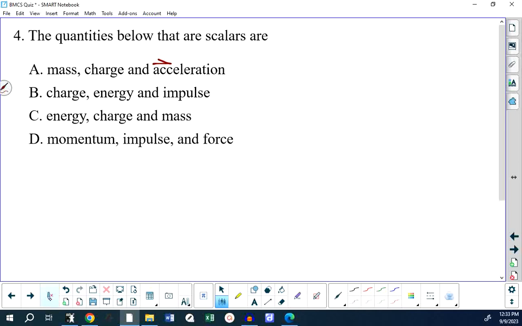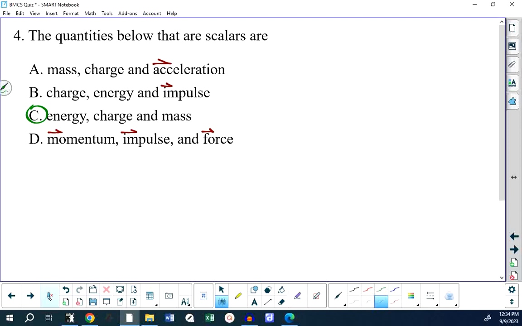From this course, man, I've harped on it enough that momentum and impulse are vectors, and you should know force is a vector anyway. And impulse is a vector here. The only thing that we're left with that is a list of scalars is choice C. And I don't really know how else to explain this other than to say you need to know that scalars have no direction. Energy doesn't have direction.